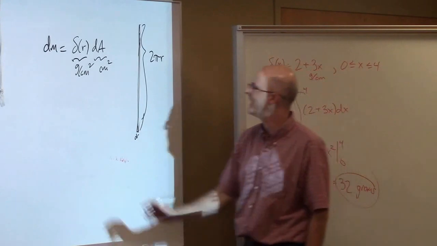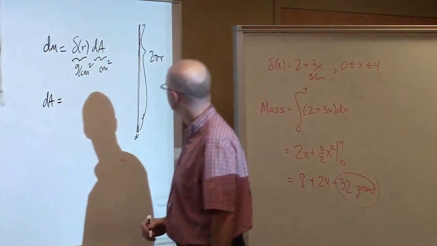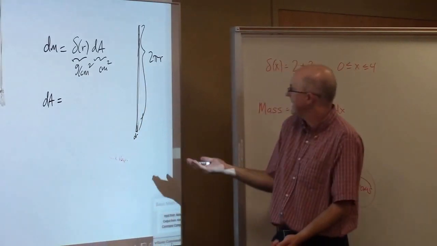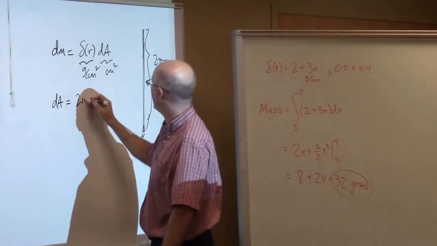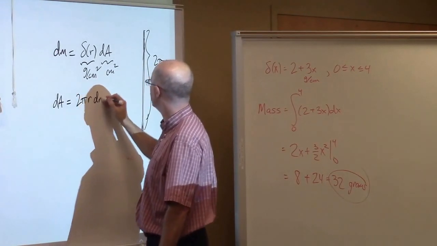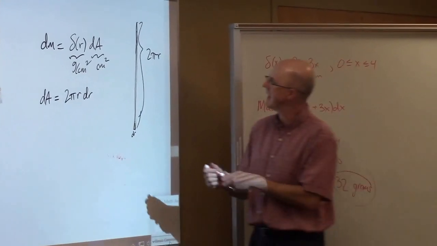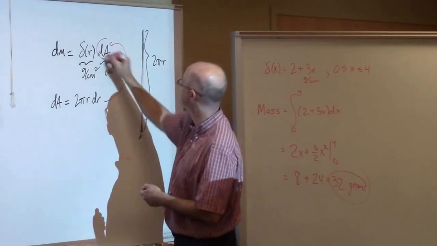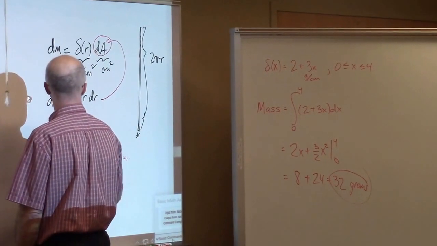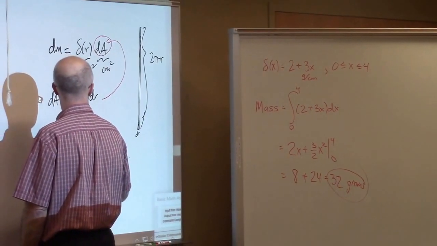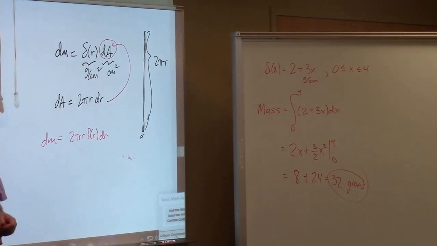So dA, the area of that really thin rectangle, should be the rectangle's height times width: 2 pi r dr. Now substitute that back into here in place of the dA, and your dm is 2 pi r delta of r dr, and that's what you integrate to find the total mass.